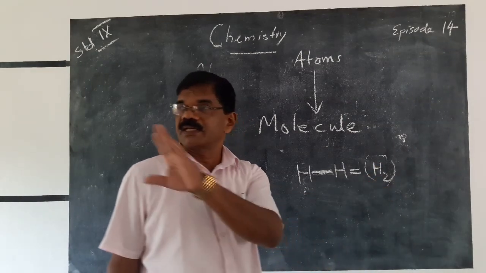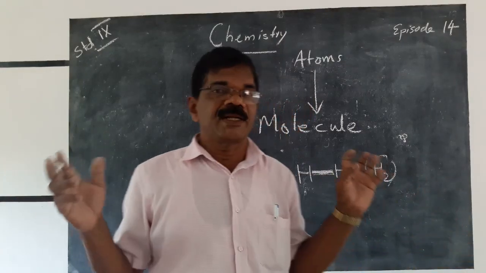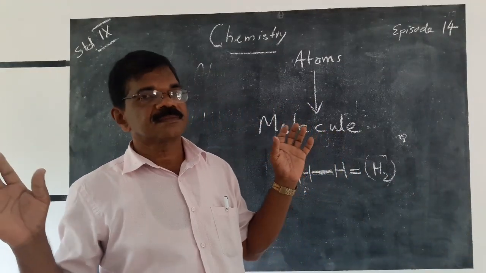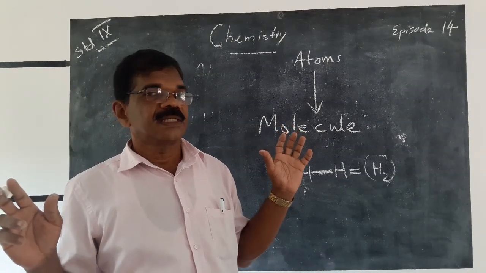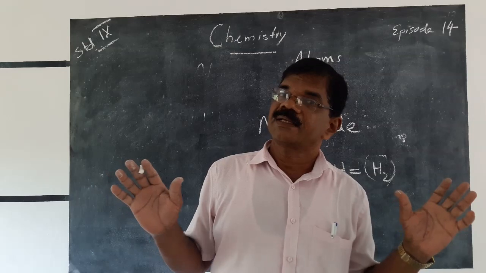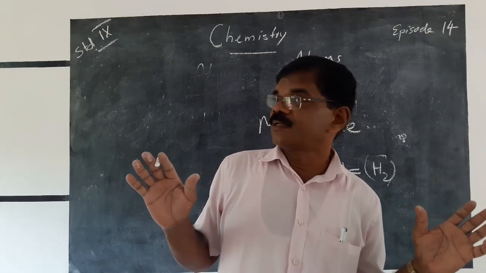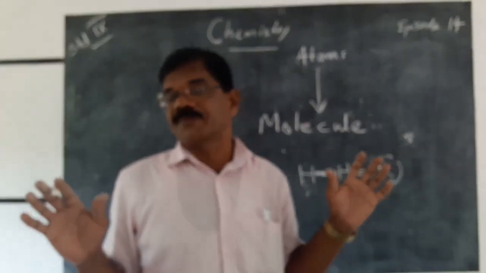In the atmosphere, which is the most abundant element? Nitrogen, 78%. There is 78% nitrogen, 20% oxygen. Then there are little quantities of what?